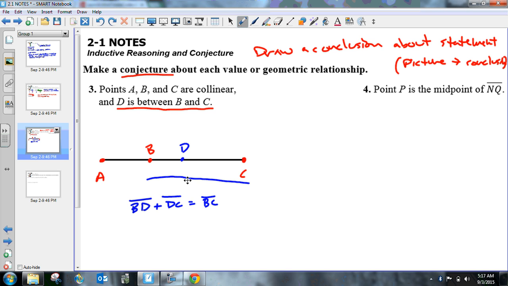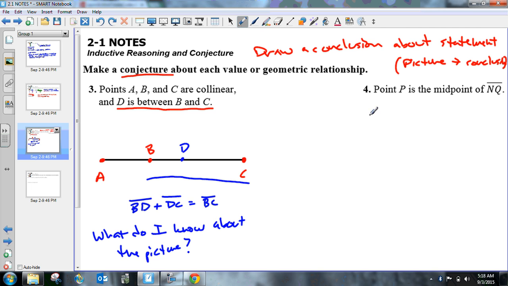So guys, I'm given a piece of information. I'm drawing a picture and I'm asking myself the question, what do I know about the picture? Okay, and that's it. And I can draw this conclusion based off of what we've previously learned.